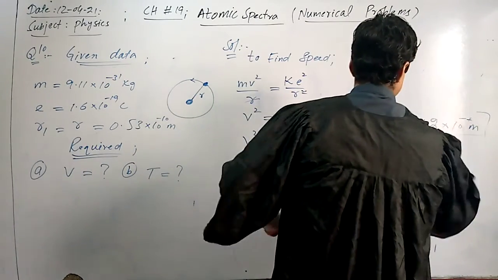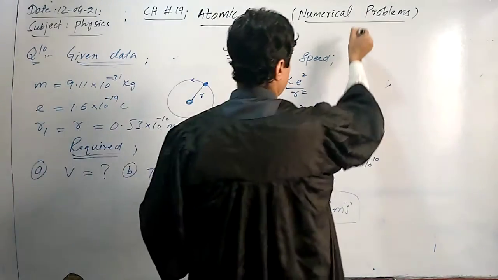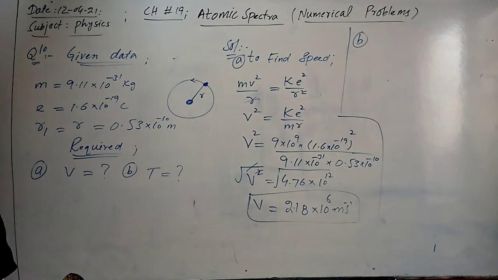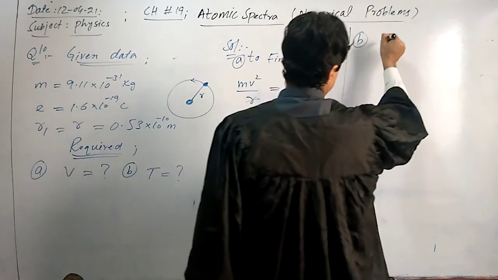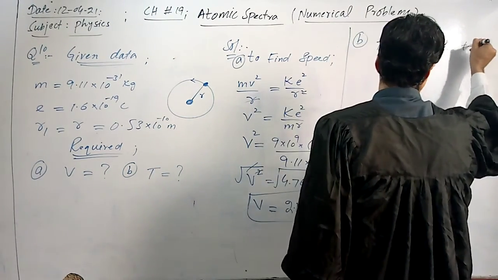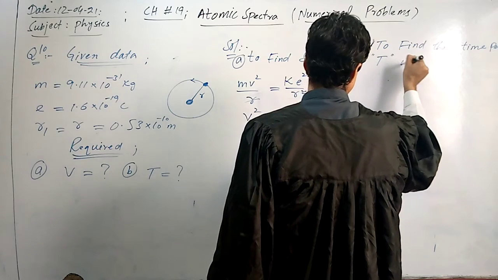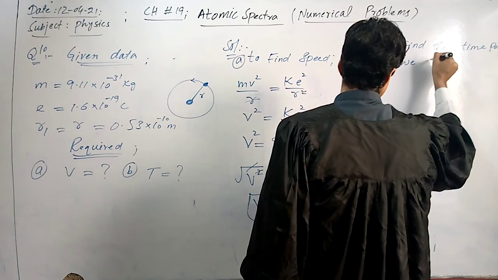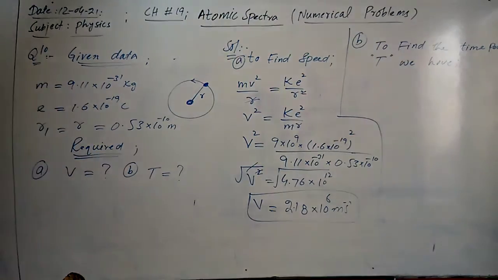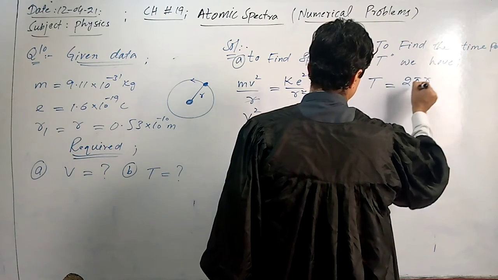In the calculation, this is A. Second, we have to calculate B, to find the time period T. We have a formula that T is equal to 2 pi r divided by v.